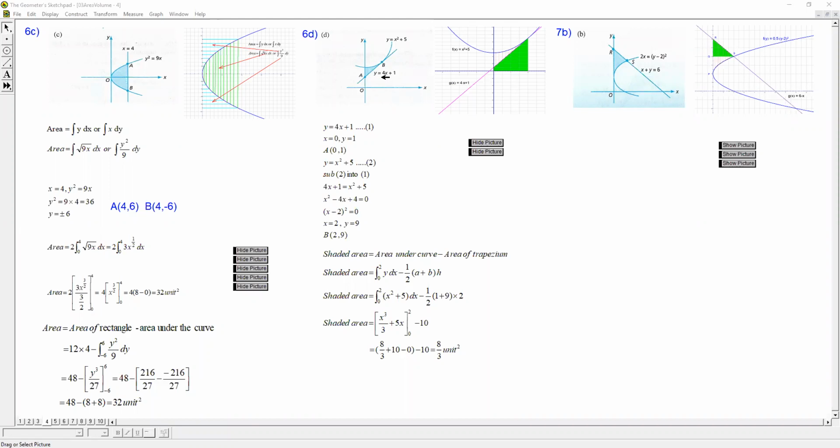This line, y equals 4x plus 1, intersect with the y-axis is the point A. Y equals 4x plus 1, intersect with the curve is the point B. So I solve y equals 4x plus 1, I get A. I solve this equation with the curve, I get the point B. The A and B is here.